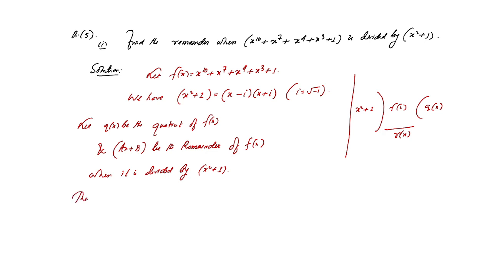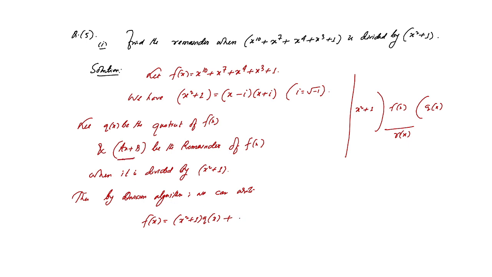So in that case, by division algorithm, we can write f(x) equals (x square plus 1) q(x) plus the remainder r(x).